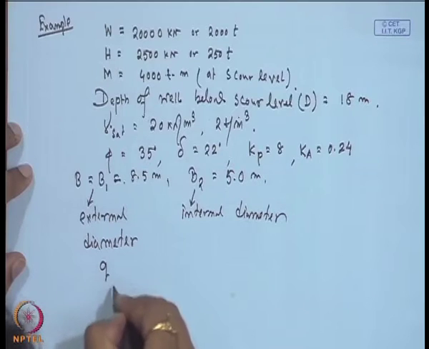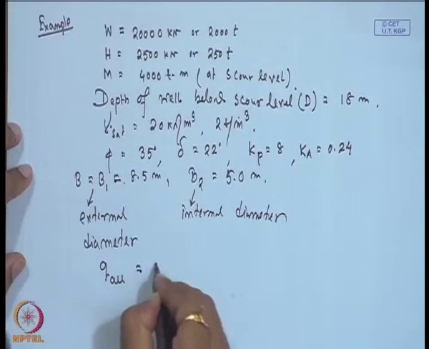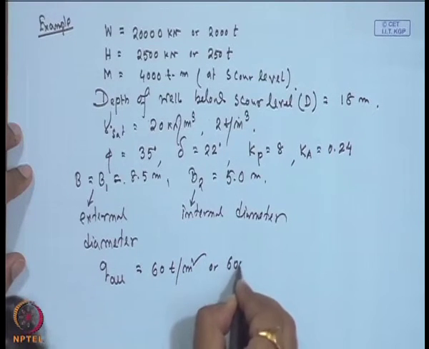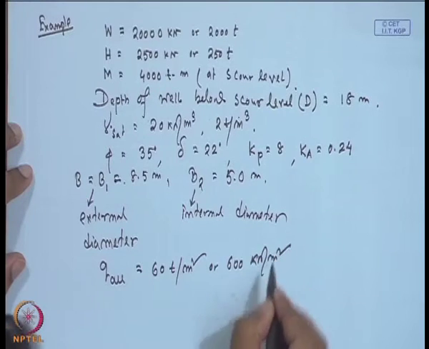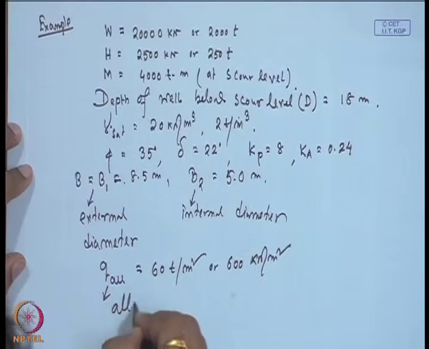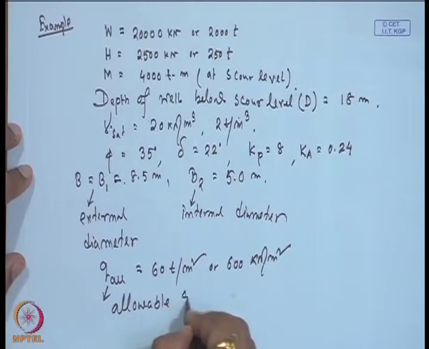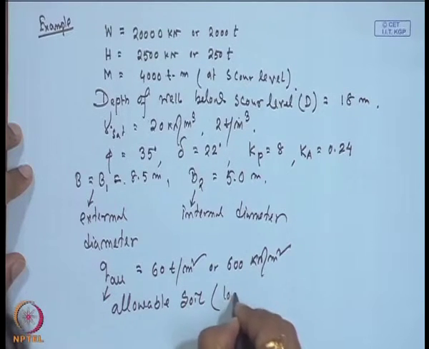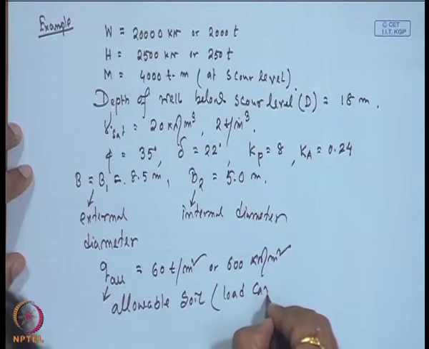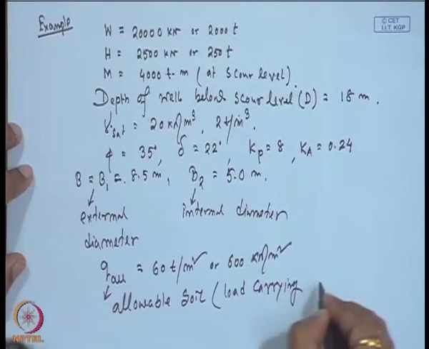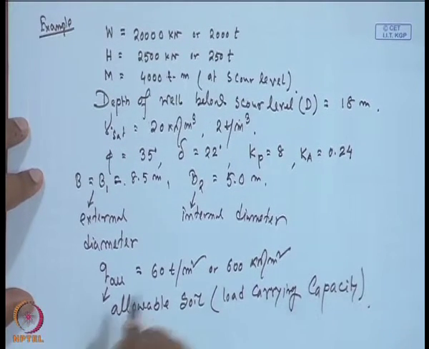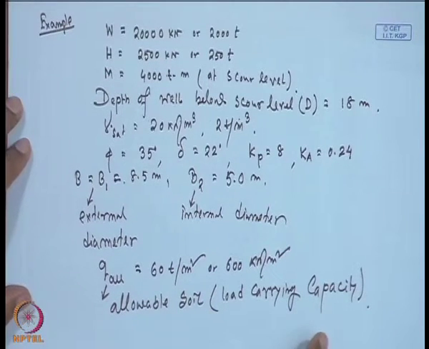Now, allowable soil pressure Q allowable is 60 ton per meter square or 600 kilonewton per meter square. That is the allowable load carrying capacity of the soil. Now, you have to check the lateral stability of the well.